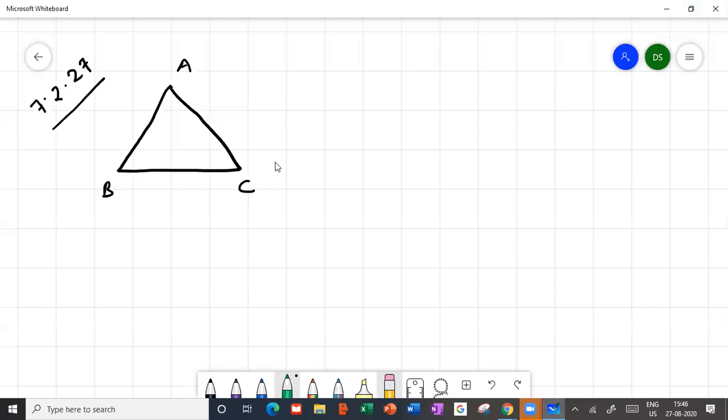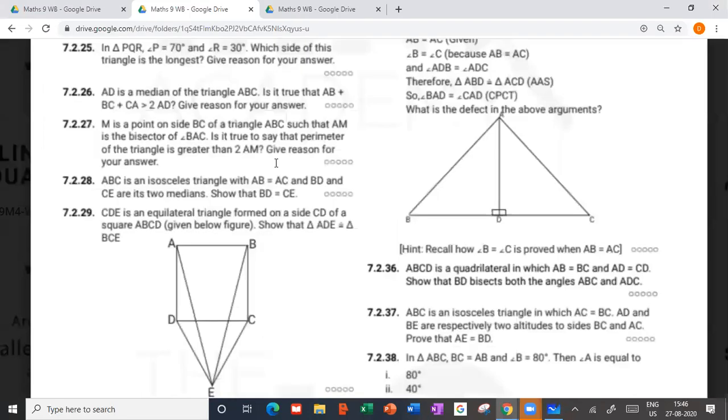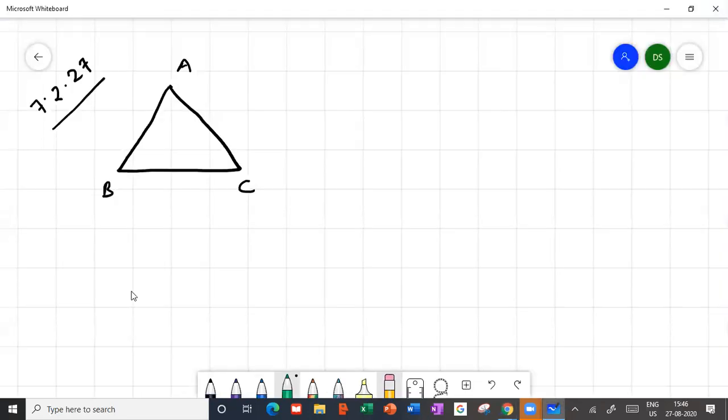They have given you a condition that AM is the bisector of this angle.